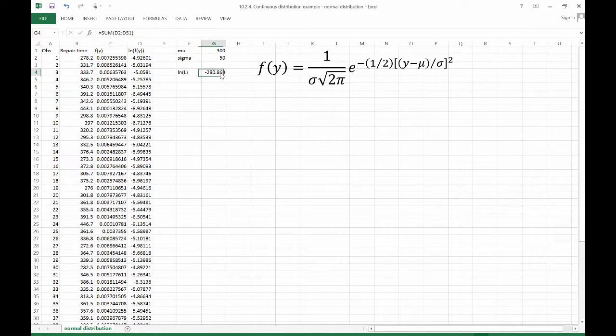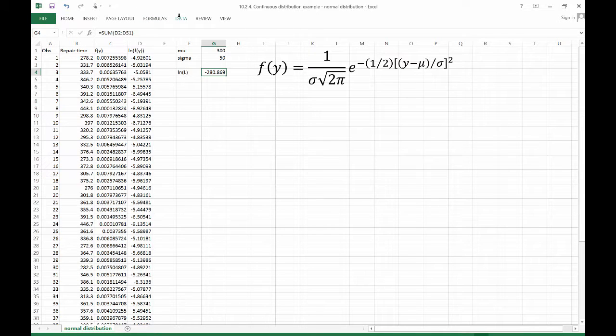So this is our natural log likelihood function when we assume that mu is 300 and that sigma is 50, when we assume a normal distribution for these 50 observations. So now this is the value that we want to maximize. We want to maximize the natural log likelihood by changing these cells. We want to find where are the best values of mu and sigma that maximize this function.